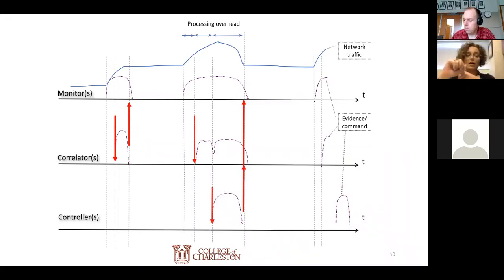So, like I said, we can locate these in the same machine or different machines. In our implementation, we have the correlator and controller agents on the same virtual machine, and the monitor in a separate virtual machine to have this distributed processing, as I mentioned. So what's happening with the monitor?